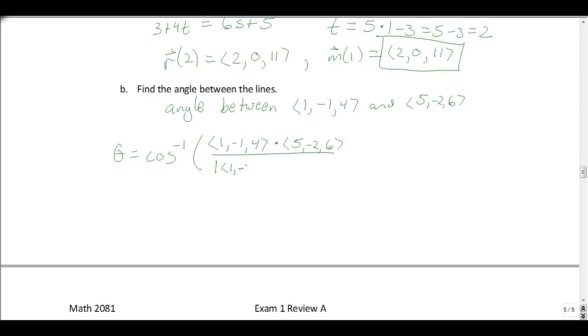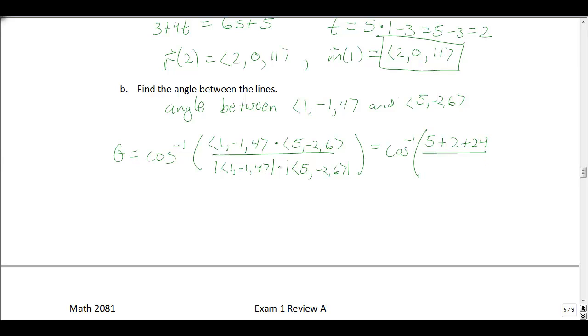This is the magnitude of (1, negative 1, 4), times, note that's a scalar multiplication now, the magnitude of (5, negative 2, 6). And in our case, let's see what this gives us. 1 times 5 is 5. Negative 1 times negative 2 is 2. So 5 plus 2, 4 times 6 is 24.